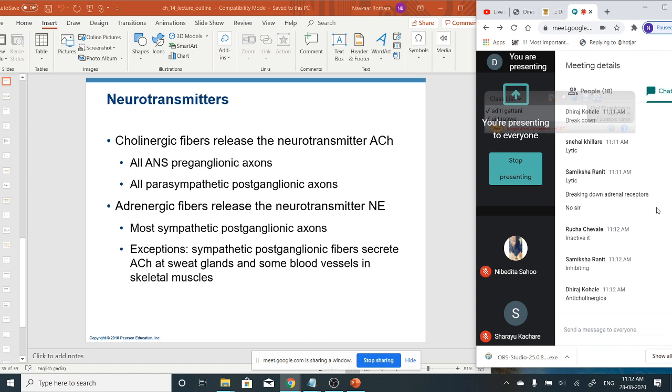Inhibitors. What you call them? Which are the agents? Very good. So these are the antagonists, these are all antagonists or blockers. So antagonists, blockers, these are the synonymous terms.